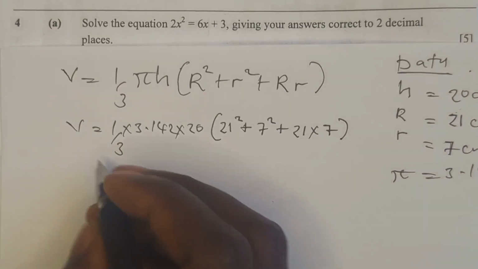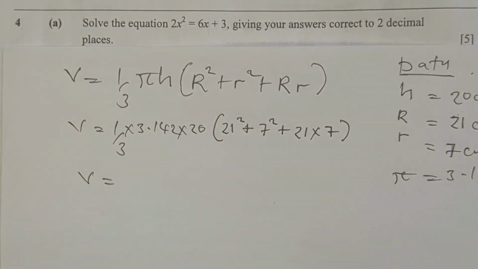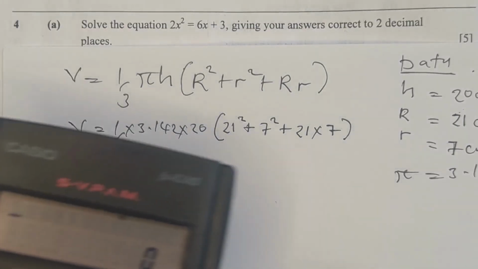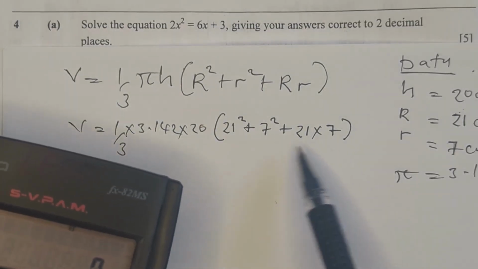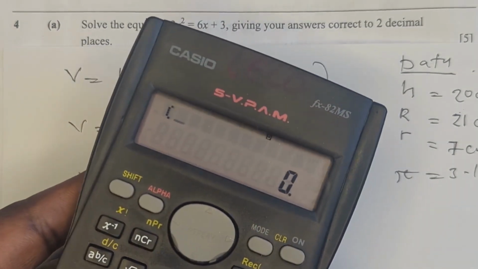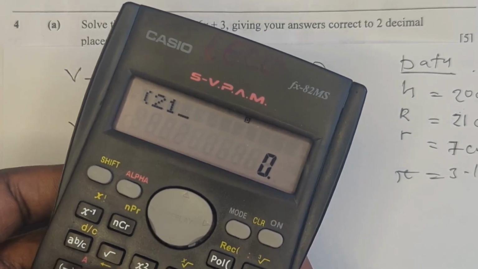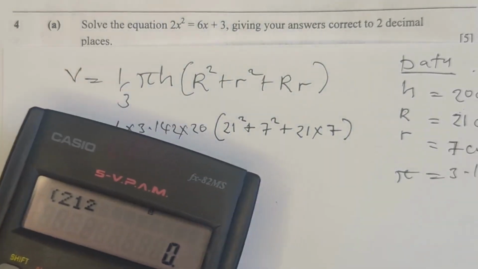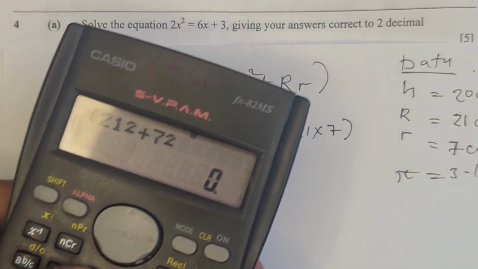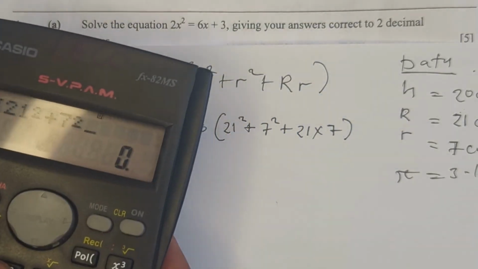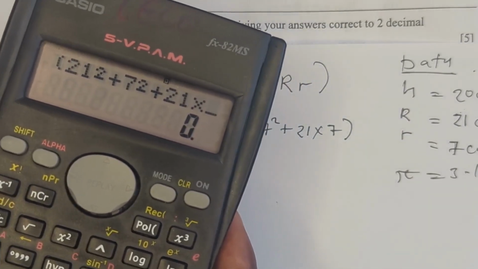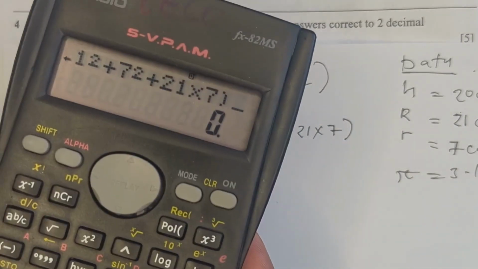So for this one, V is equal to, we can punch the figures, we can compute them. We can start with those in brackets. So open bracket, 21, we square it, plus 7, we square it, plus 21 multiplied by 7, close.